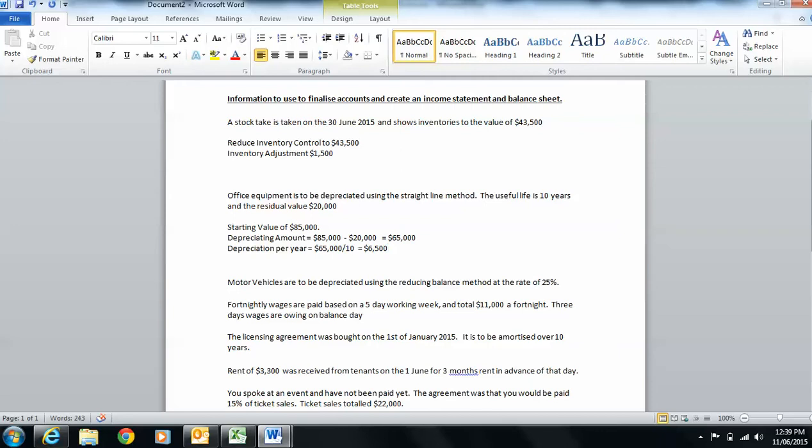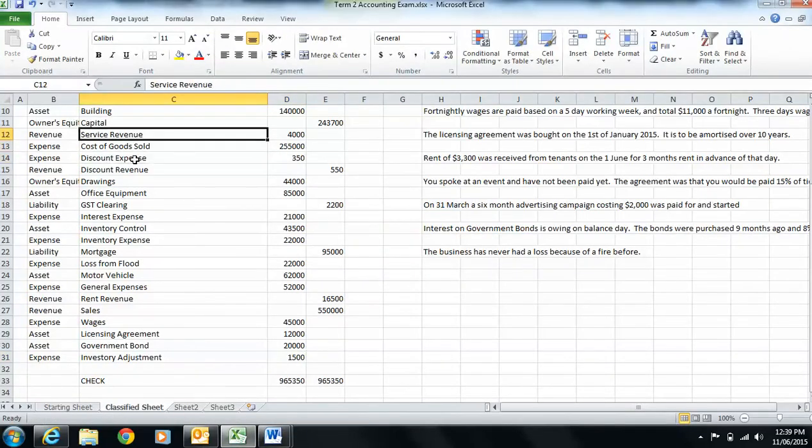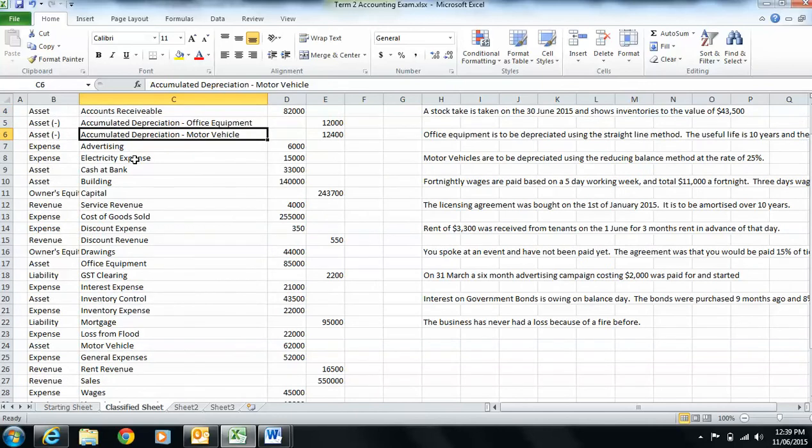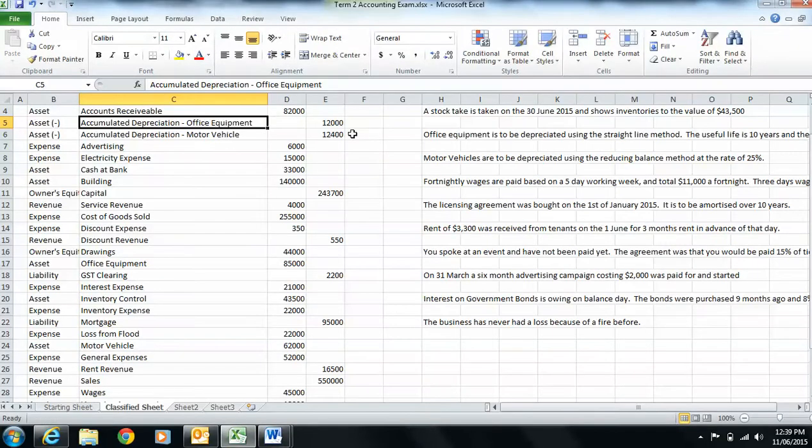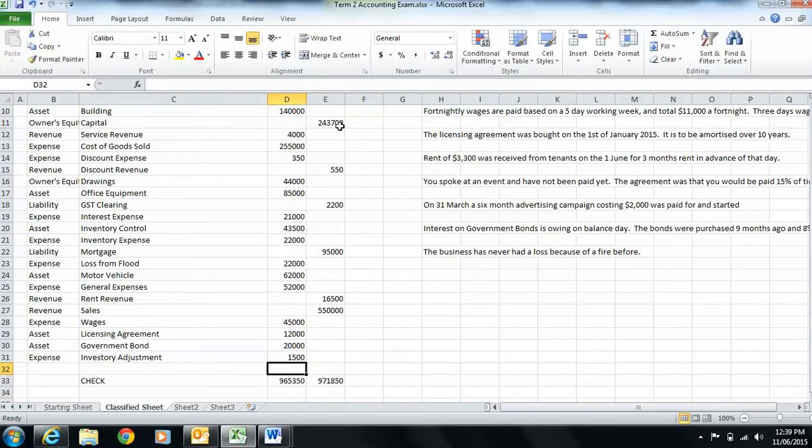So now that's our depreciation. So that's going to be our depreciation expense for the year, and we're going to have to add that to accumulated depreciation, the total amount of depreciation. So let's go and have a look and see if we've got accumulated depreciation for office equipment. We have, and in this case we've got to add another $6,500. That's going to be $18,500. And we're also going to have to add the expense account, which is the depreciation, just in the current year, just this 1 year of depreciation.